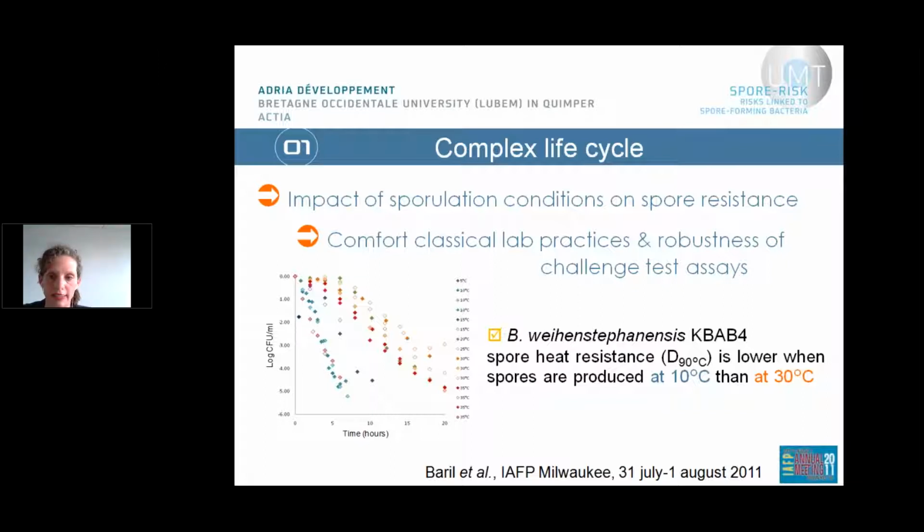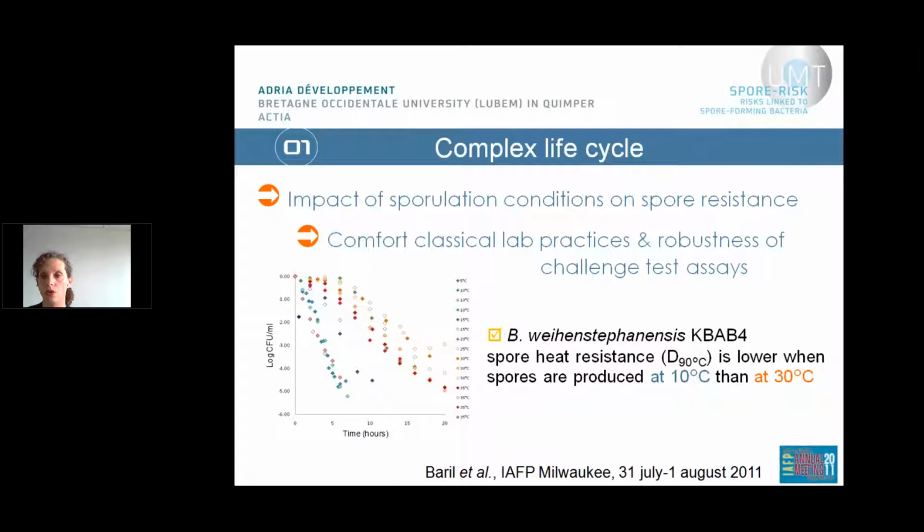Indeed, when you want to perform a challenge test and inoculate bacterial spores, you need to produce these spores, and in the lab what we do most of the time is just to inoculate agar, wait a bit, and then due to nutrient depletion the cells will become spores and you will have the production of spores.